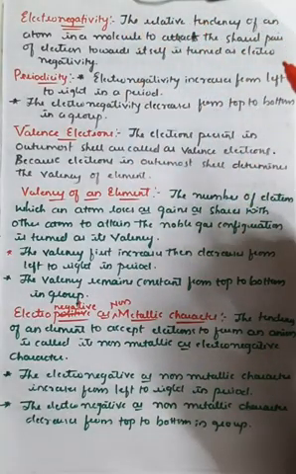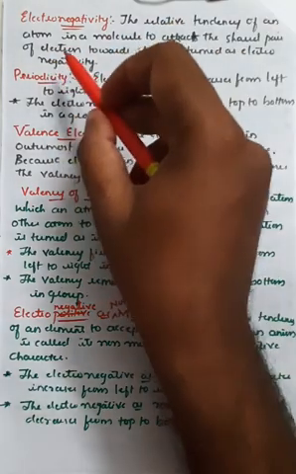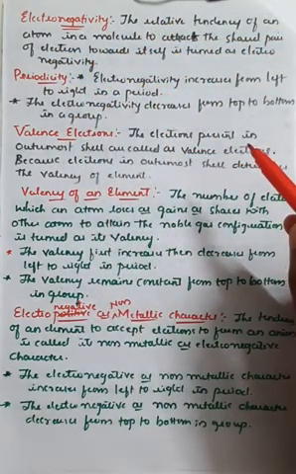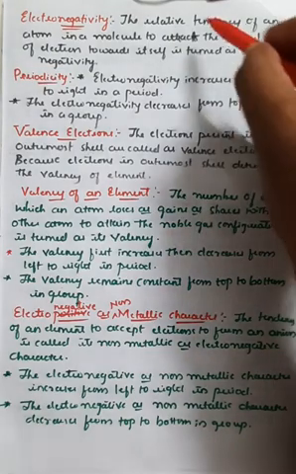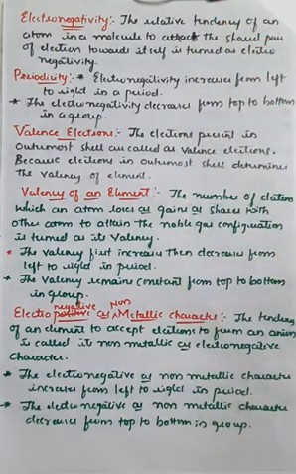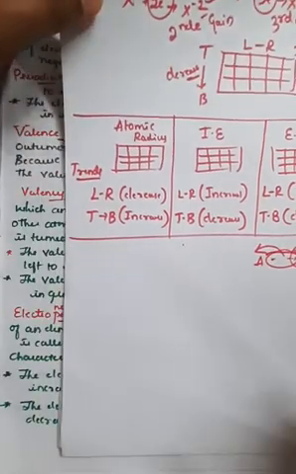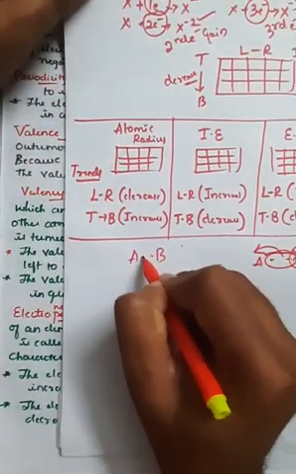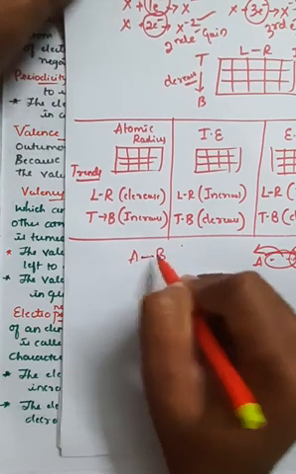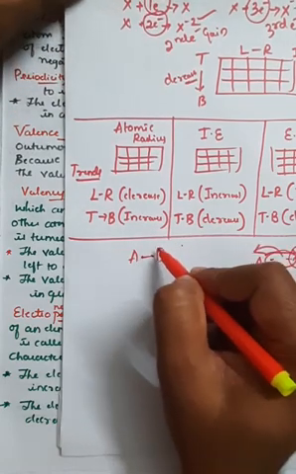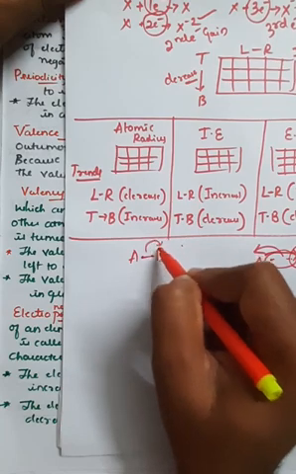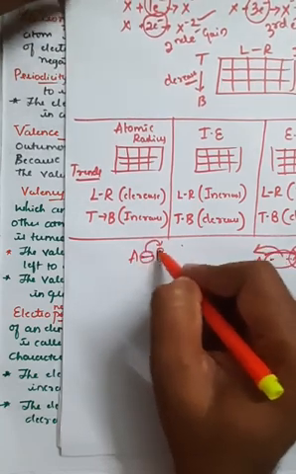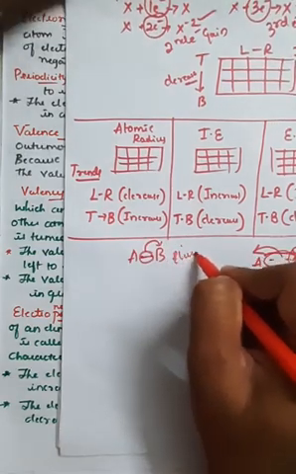So it is defined as the relative tendency of an atom in a molecule. If you consider a molecule, the atom which has the greater electronegativity generally attracts the shared pair of electrons towards itself. For example, if I take A and B, and there are two electrons forming a bond, and if B has the capacity to extract both the electrons, then this is called electronegativity, right?